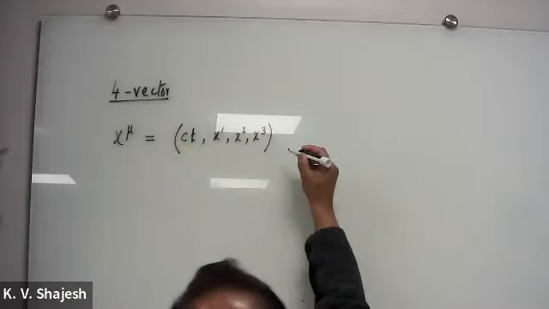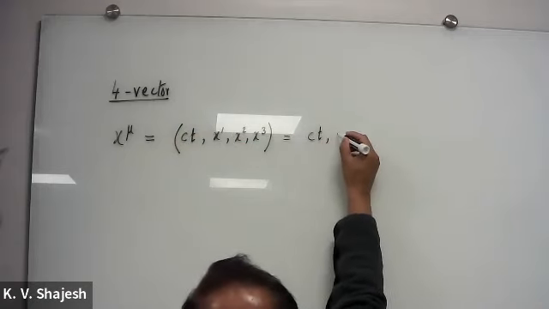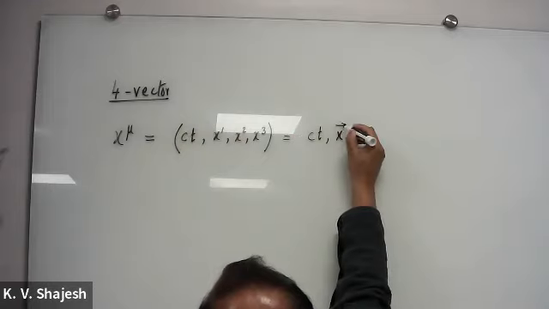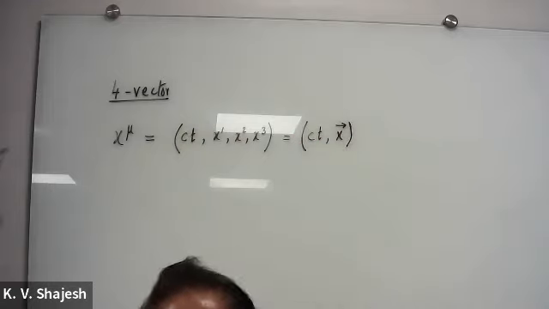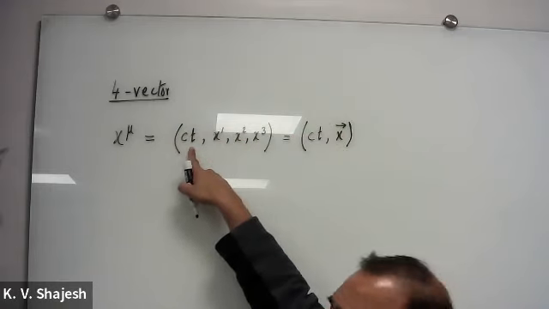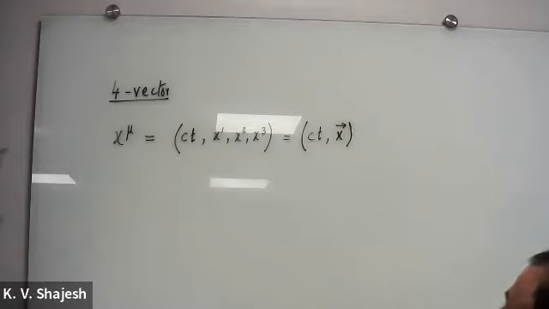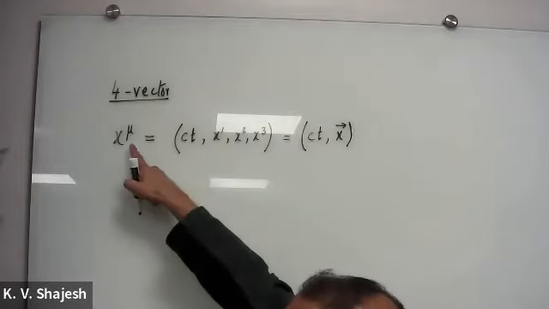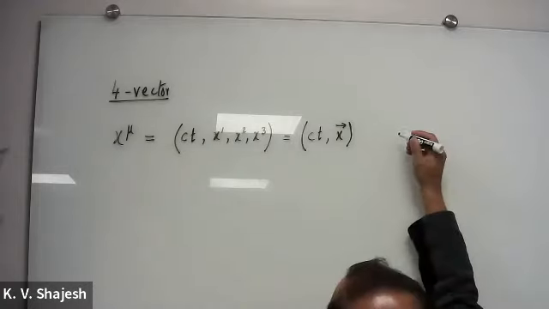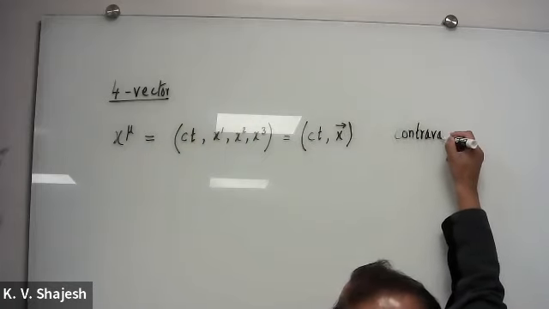In fact, we will further put this down as c times t and the vector x. This can be thought of as the fourth component of the vector or the zeroth component of the vector. Either way is okay. That's your interpretation. When I write this as a superscript, this is called a contravariant vector.